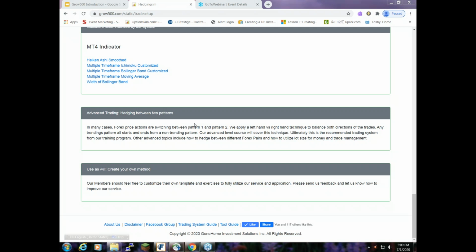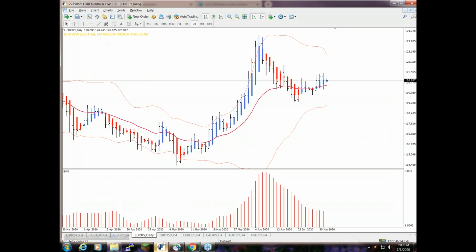So if you set up MT4 and use our indicators, you can set up the template exactly as what I see here. This is exactly the template I trade with.